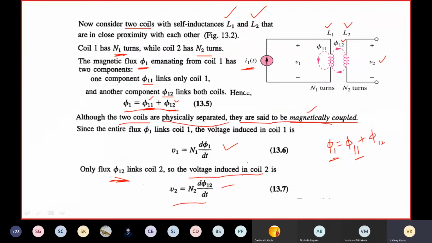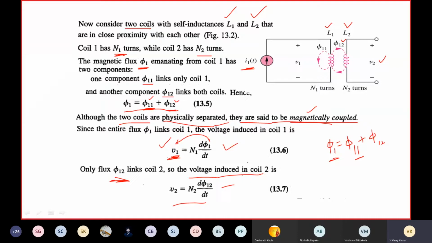This is self-induced EMF: V1 is equal to N1 d phi 1 by dt, the voltage produced in coil 1 because of flux phi 1. Due to its own flux, EMF is induced.